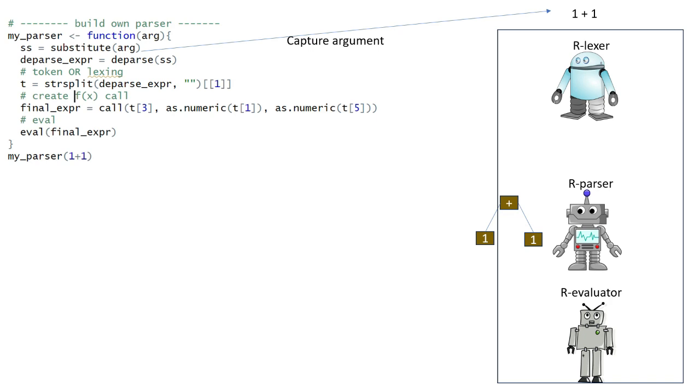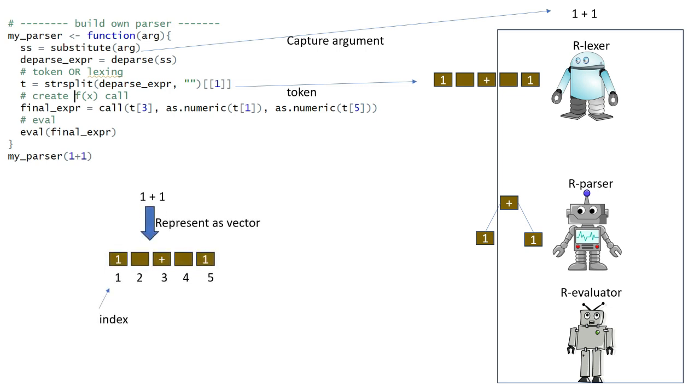Basically I convert the parse tree to raw text, then I tokenize it using the strsplit function. That is what I am doing here. Then after that, I create an expression here.